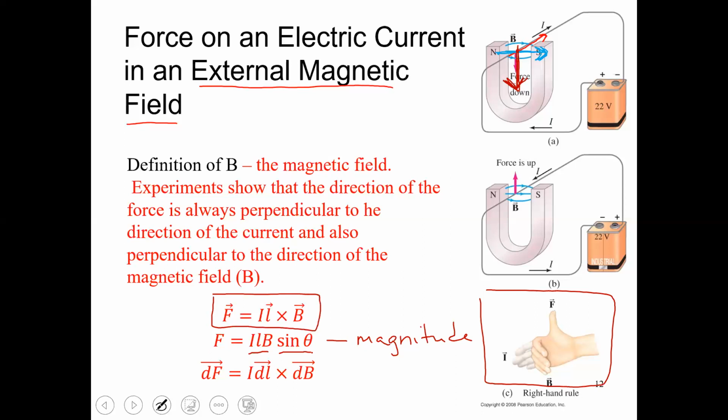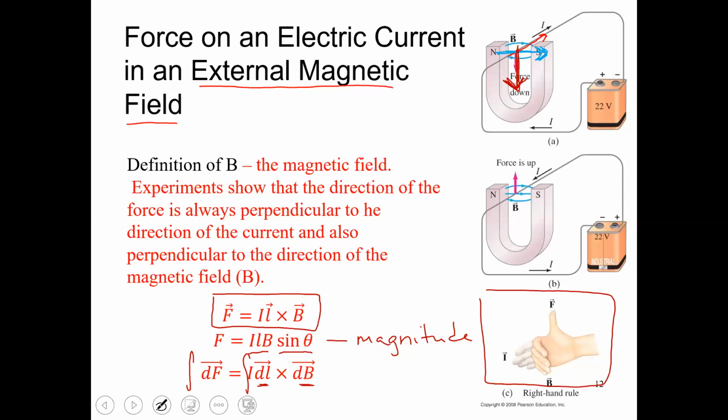Now, if we're looking at only a little tiny section of current or a little bit of magnetic field, we can do a dF, dL, dV kind of relationship. That's going to be useful in two cases. Case one, the magnetic field is not uniform. So we're going to use that little bit if the magnetic field is not uniform and we need to do a summation of all of this.